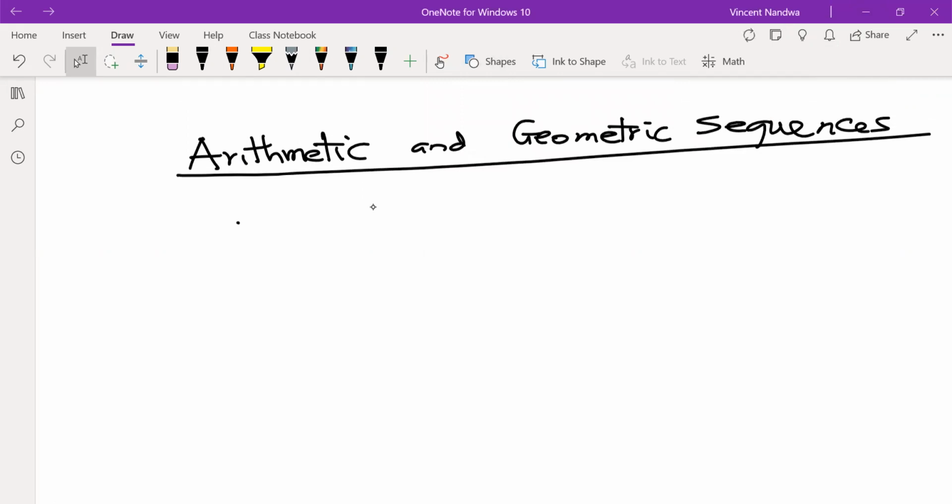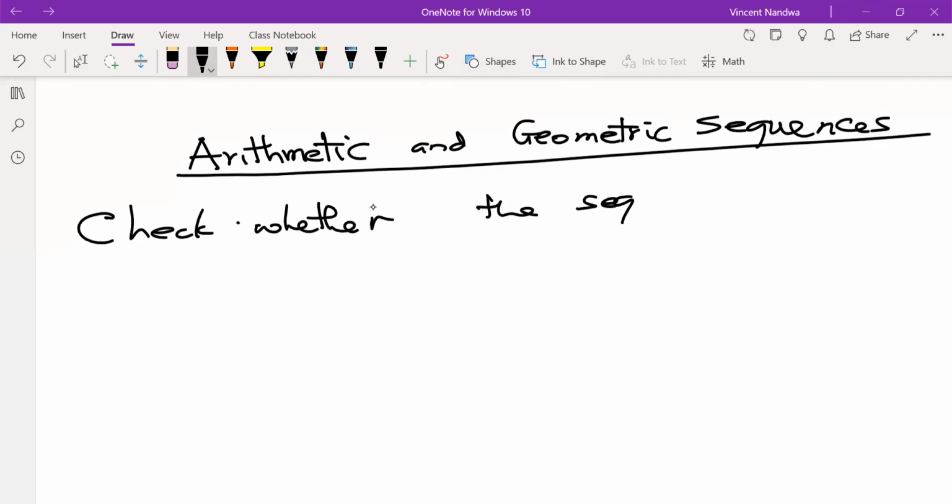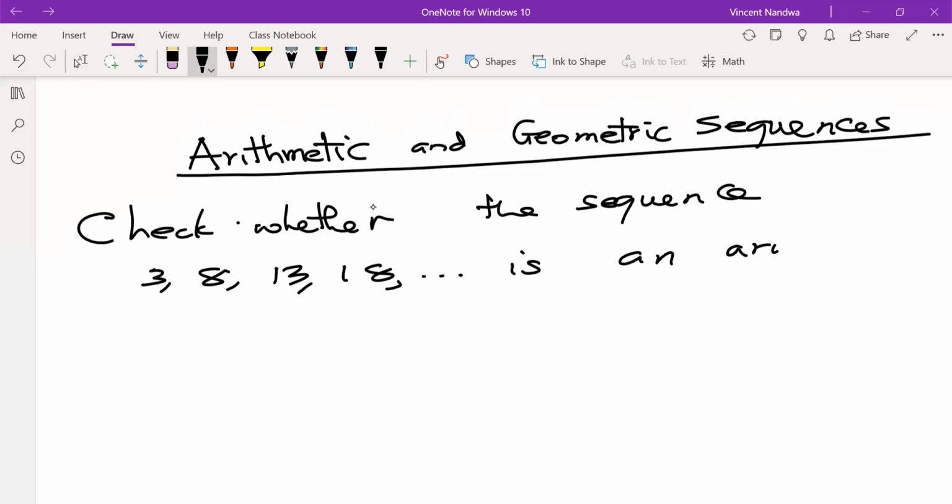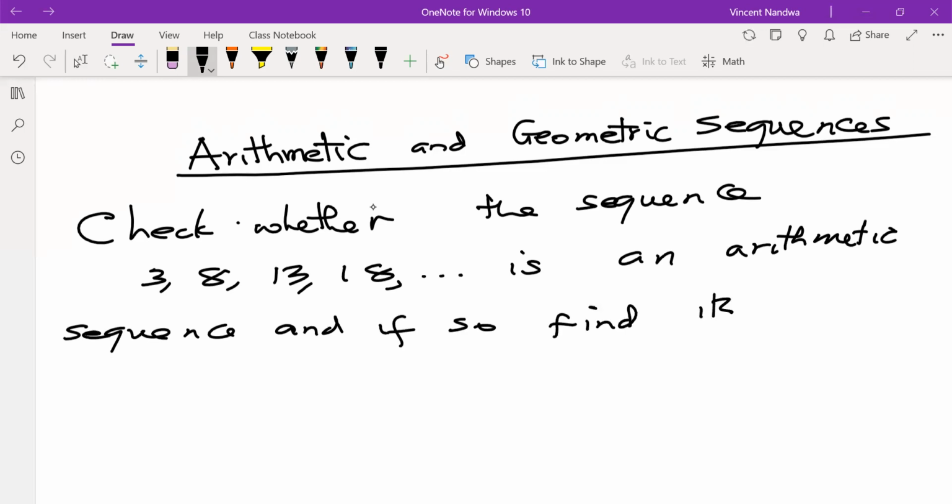So we have: check whether the sequence 3, 8, 13, 18 is an arithmetic sequence, and if so, find its 10th and 15th term.